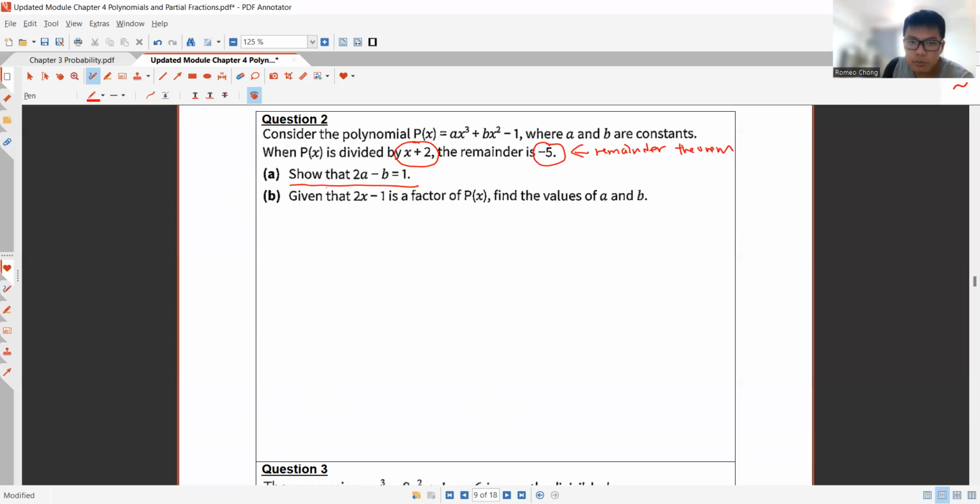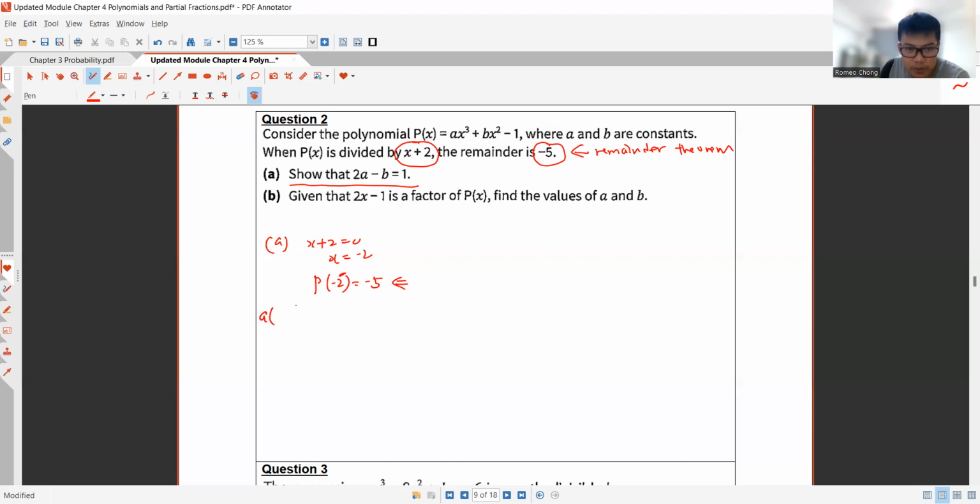Based on the information given to you, when x plus 2 equal to 0, my x is actually equal to negative 2, right? So with the remainder theorem, I can say that p of negative 2, the remainder should be negative 5. Since the remainder is given, you just need to substitute the negative 2 into your polynomial.